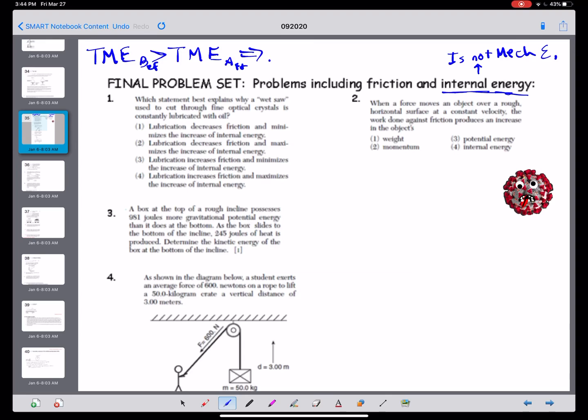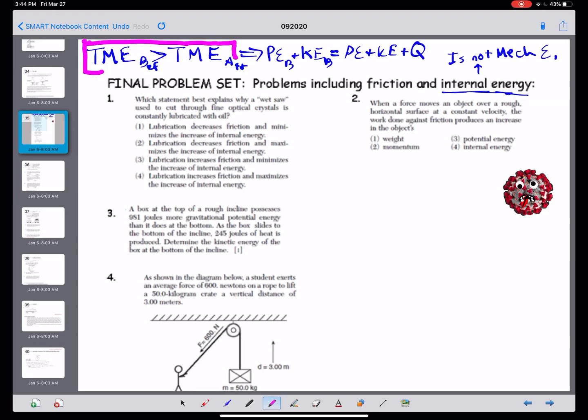Essentially, you're going to do this every time. PE plus KE before equals PE plus KE plus Q. That's how we make both sides equal. If you notice here on the left, I'll highlight this in this nice color here.